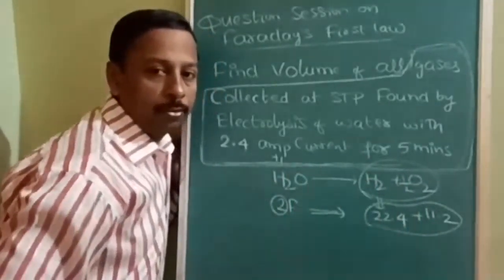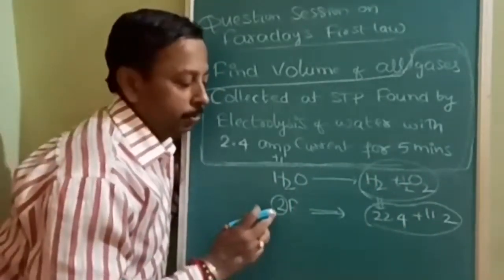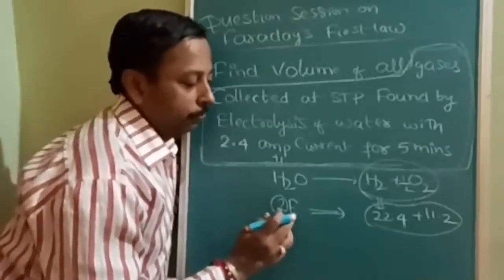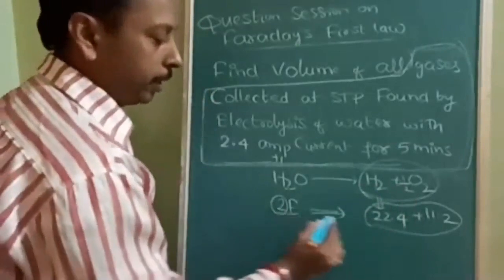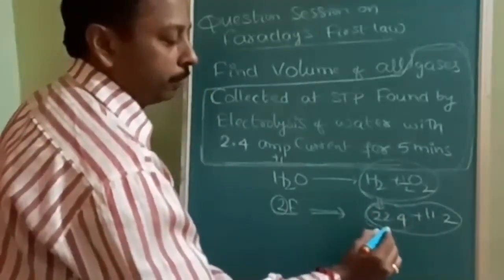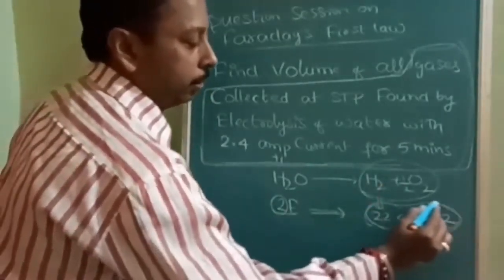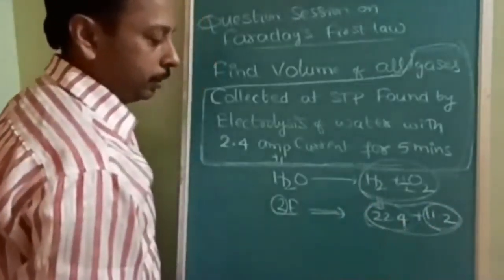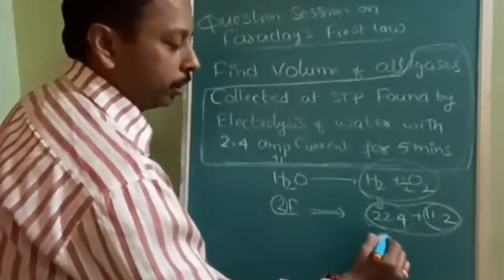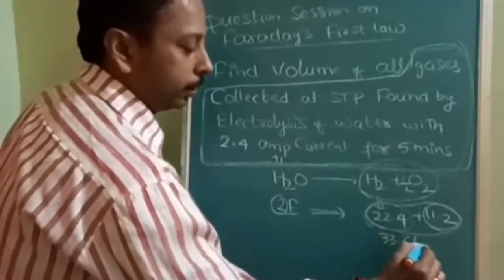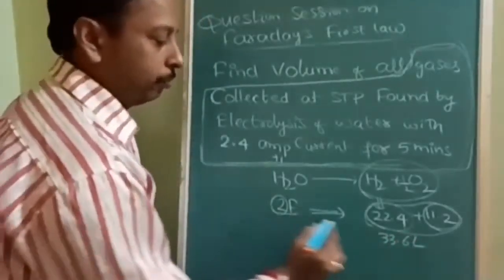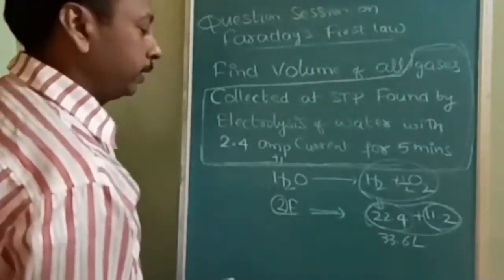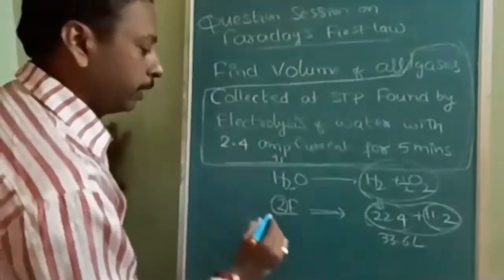So 2 Faraday gives H2 plus half O2. If I use 2 Faraday, then I will get 22.4 liters of hydrogen and 11.2 liters of oxygen. So in total, it is 33.6 liters. If 2 Faraday can give 33.6 liters, then how much have I used?